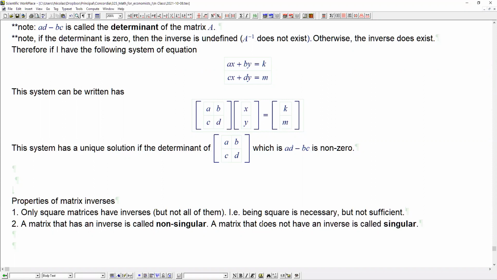Yeah, now that I'm thinking about it, I don't know where the word singular or non-singular came from. Somebody knows? Singular, non-singular. It's kind of strange because you imagine a non-singular matrix gives me a singular solution for the system of equations. But somehow, if you don't have a solution, then it's singular.